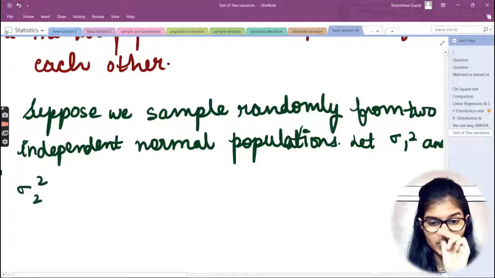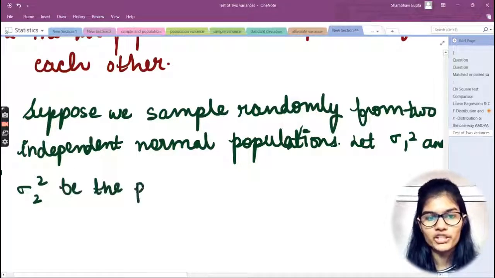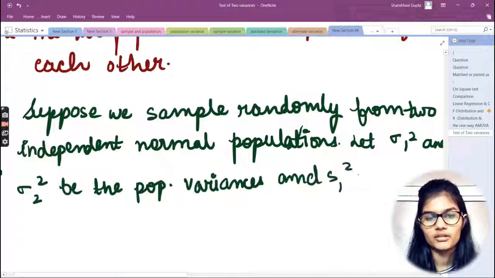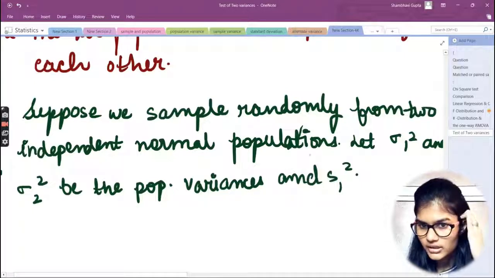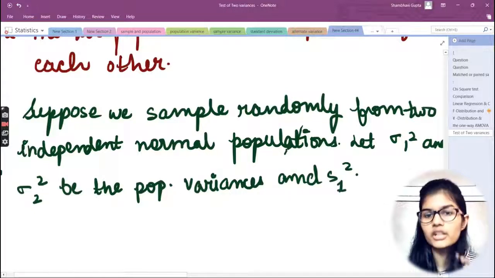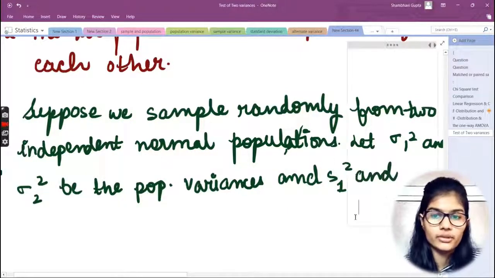be the population variances, and S1 square and S2 square be the sample variances.